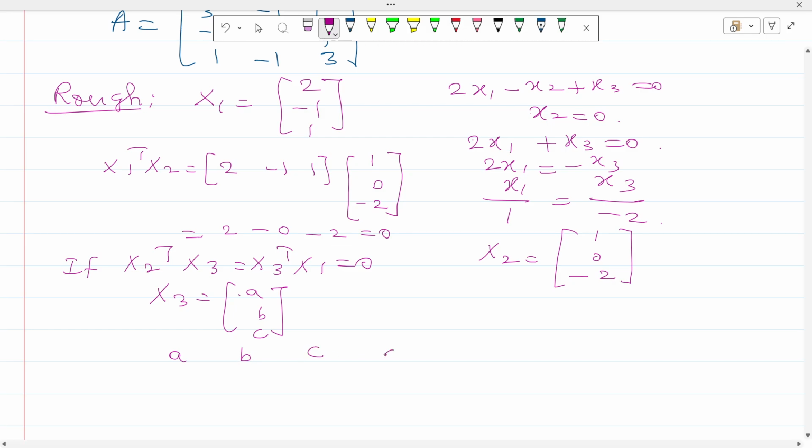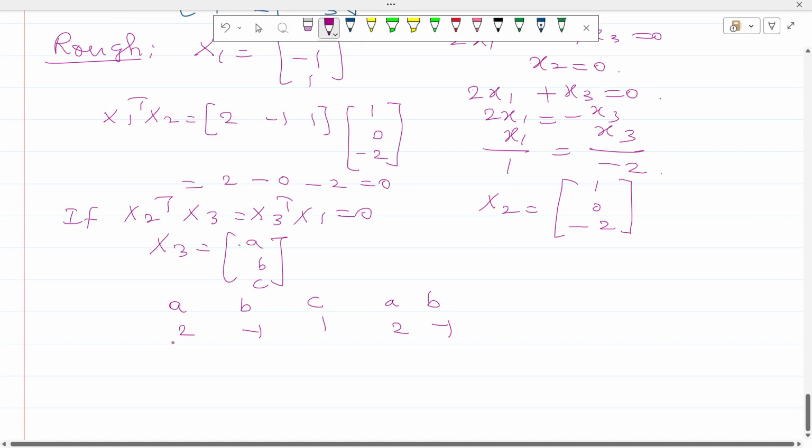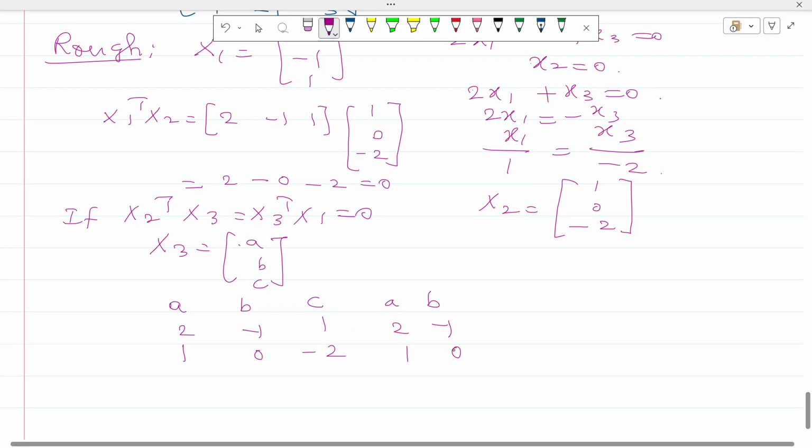First equation is what? Using these values 2 minus 1 1 and 1 0 minus 2 directly, even no need to write x2 transpose x3, x3 transpose x1. Directly we can use it.